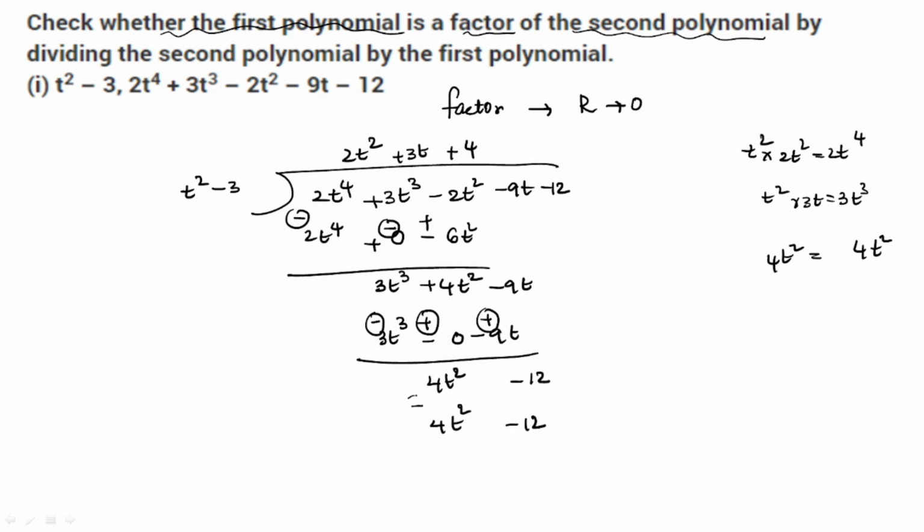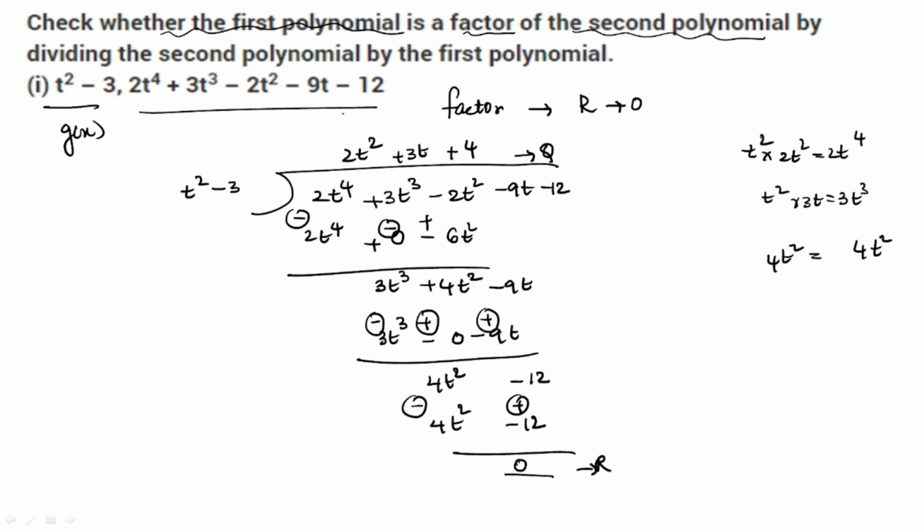So as signs alter, it becomes minus and plus here, and we are getting 0. As remainder is 0, so the dividend, that is this g of x, and if you consider the dividend as f of x, so g of x is a factor of f of x.